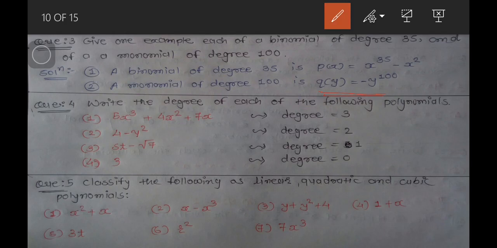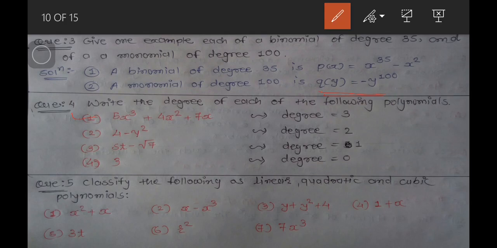Now question number 4. Write the degree of each of the following polynomials. We know that the highest power of polynomial is known as the degree of polynomial. Now we find the highest power in polynomial. In first example, 5x cube plus 4x square plus 7x is given.